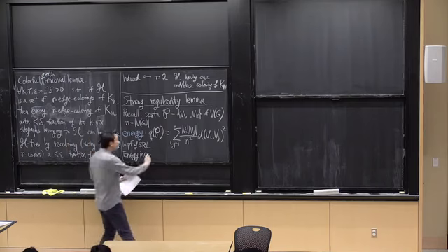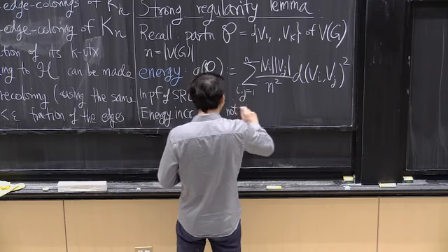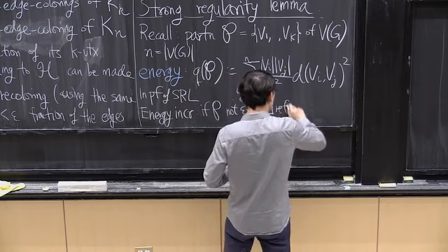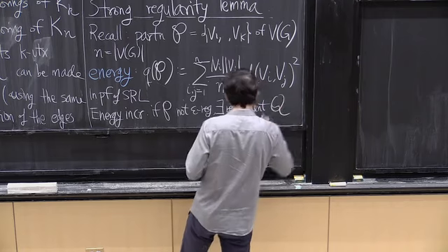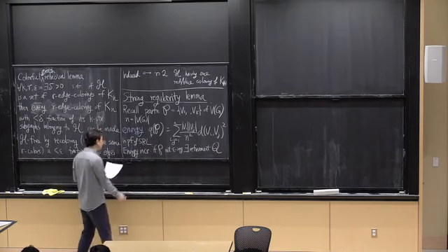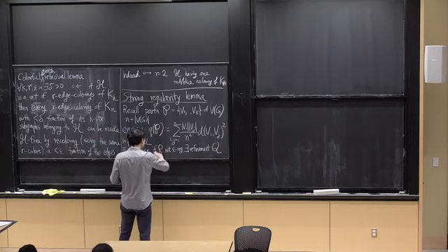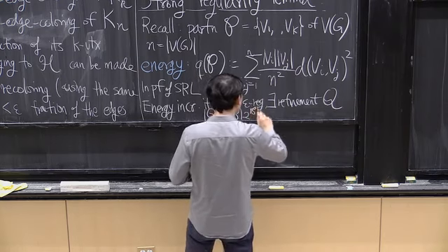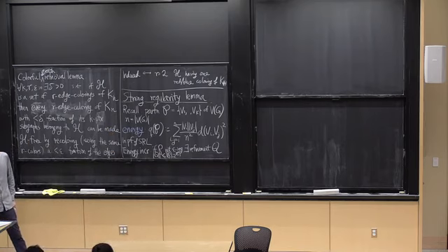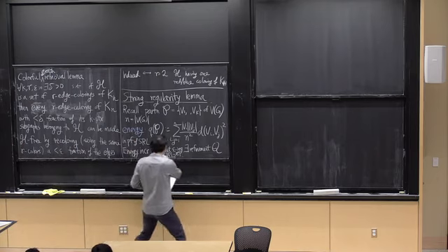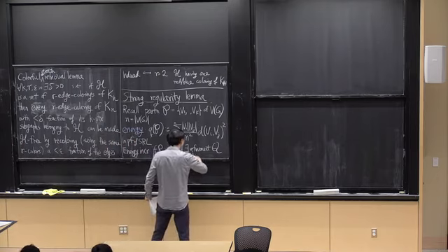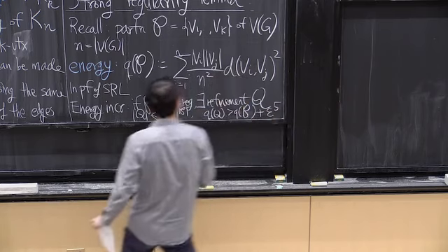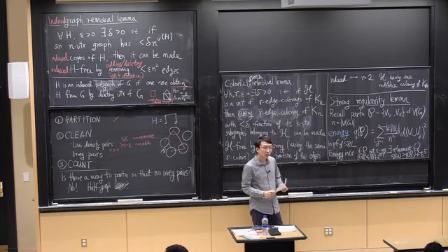Which says that if you have some partition P that is not epsilon regular, then there exists a refinement Q. And this refinement has the property that Q has a small number of pieces, or not too large as a function of P. So it's bounded, at least in terms of P. But also, if P is not epsilon regular, then the energy of Q is significantly larger than the energy of P. Okay, so remember, this was an important step in the proof of the regularity lemma.